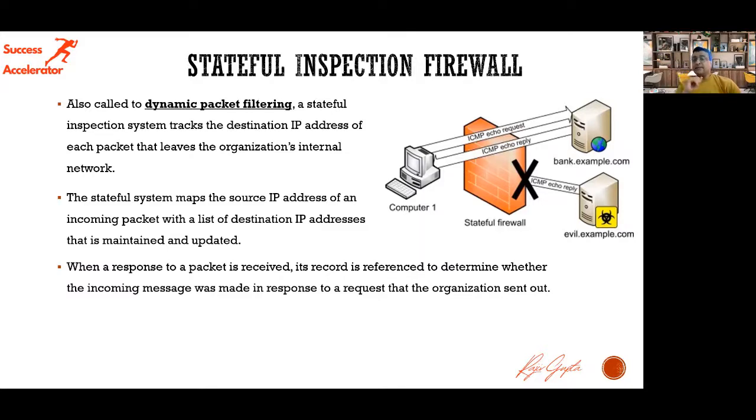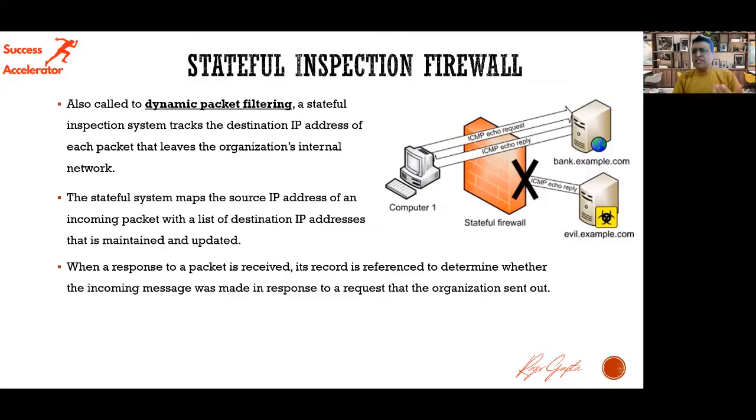Take the second example. At the bottom of the diagram, you see an evil server. They have named it evil.example.com. And to this server, you had not sent a request for any data, no packet was sent to this server from within the network. And this server is trying to send a packet to your company network. This firewall will not allow it. Why will it not allow it?